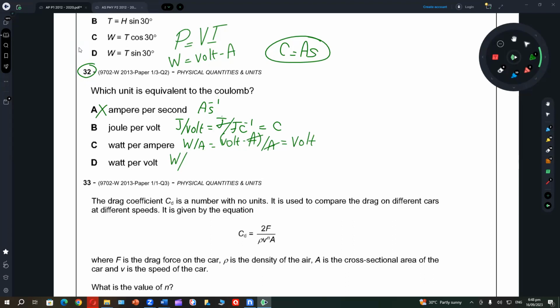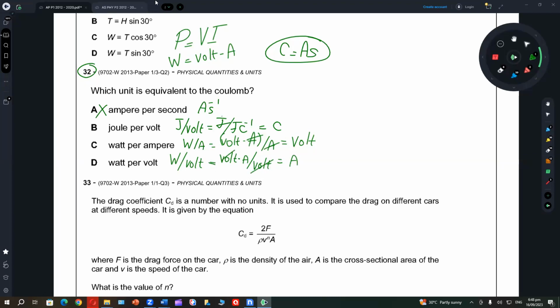So it is volt per ampere upon volt. You can cancel volt and you will get ampere.